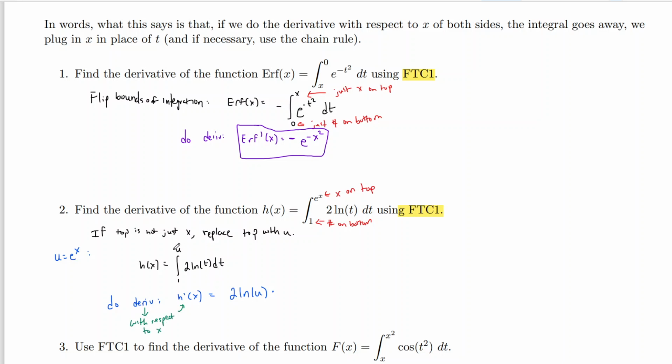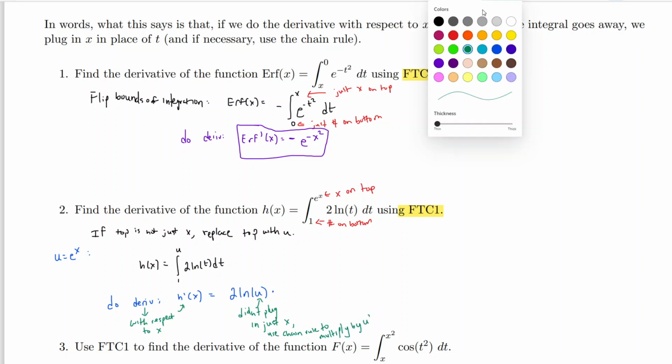Well, when we do the derivative, with this u, we're not just plugging in, there's a derivative going on here. So since we didn't plug in just x, you must use the chain rule to multiply by u prime, the derivative of what you plugged in.